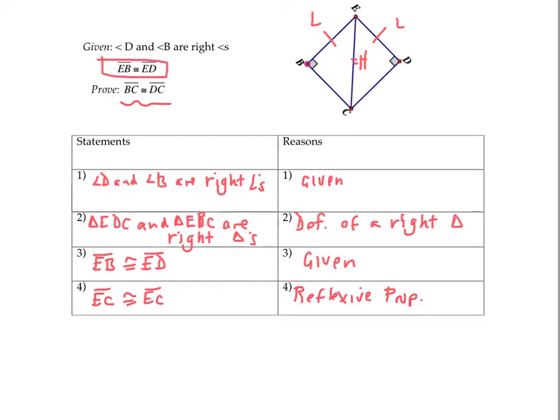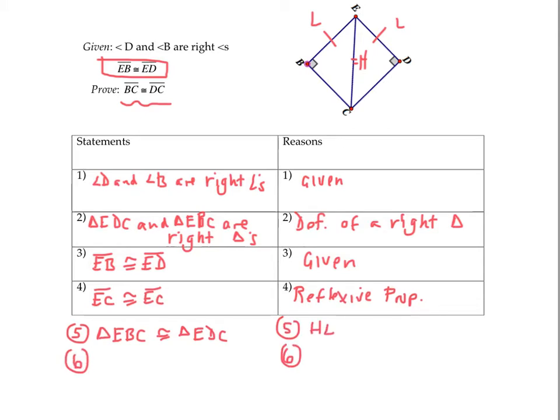So the next thing we have to do is say that our 2 triangles are congruent. So say triangle EBC congruent to triangle EDC. And again, we use the hypotenuse leg theorem.